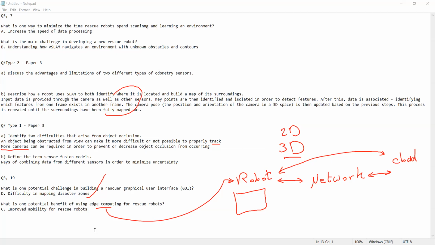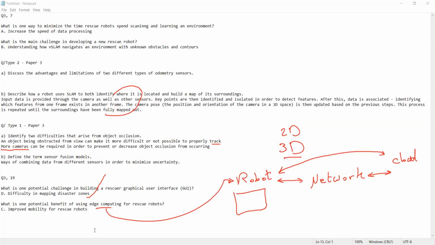Edge computing means that you equip the robot with more processing power, and sensor accuracy does not really play a part here. So the remaining choice is the best one, which is better communication between the robot and human.